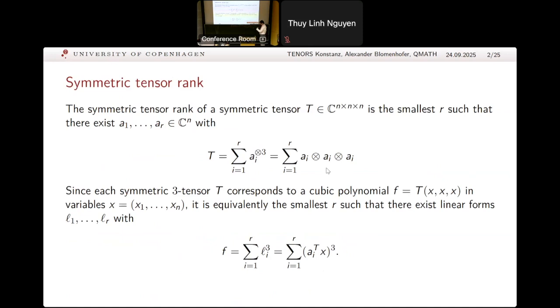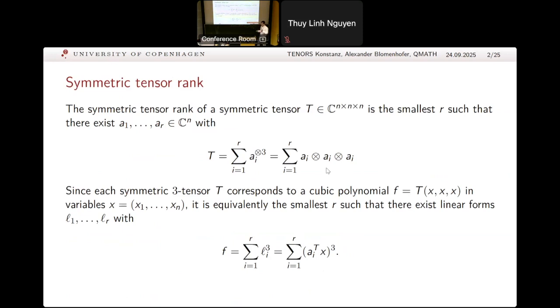So this slide is basically telling you about symmetric tensor rank. Everyone knows this very well. We have here a tensor that has symmetric tensor rank at most r, if it can be written as a sum of a_i tensor a_i tensor a_i.